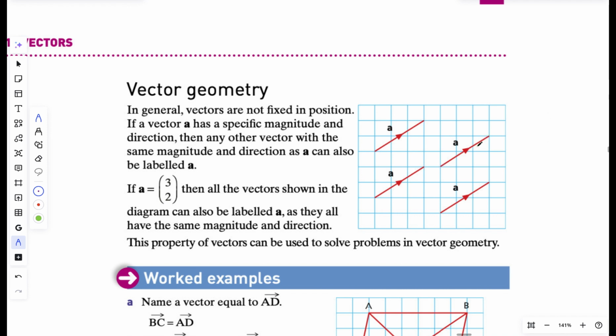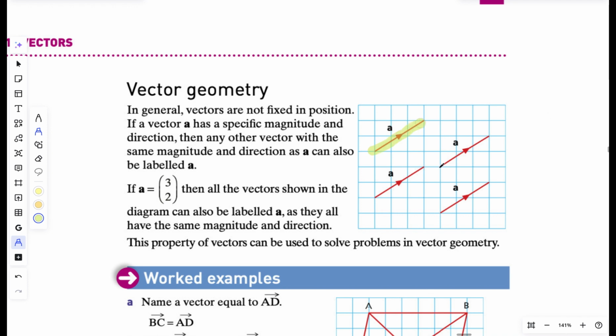Any vector that has the same coverage 3, 2 and is going in this direction is A. If it's going down, it's minus A. Is that okay?